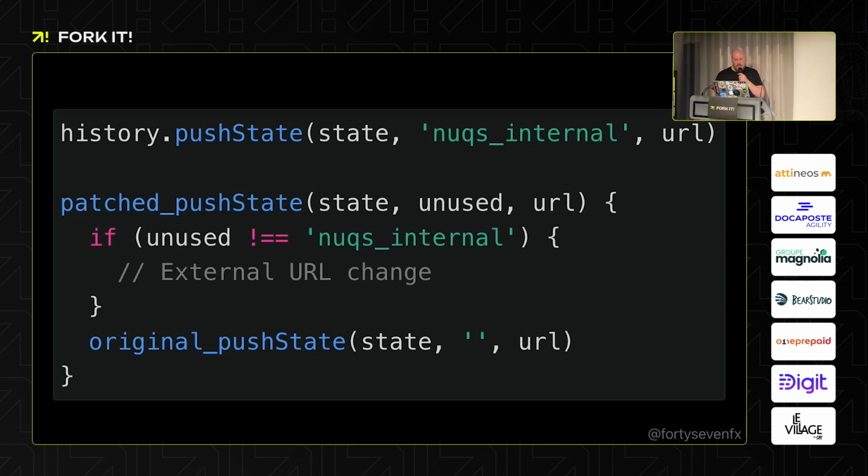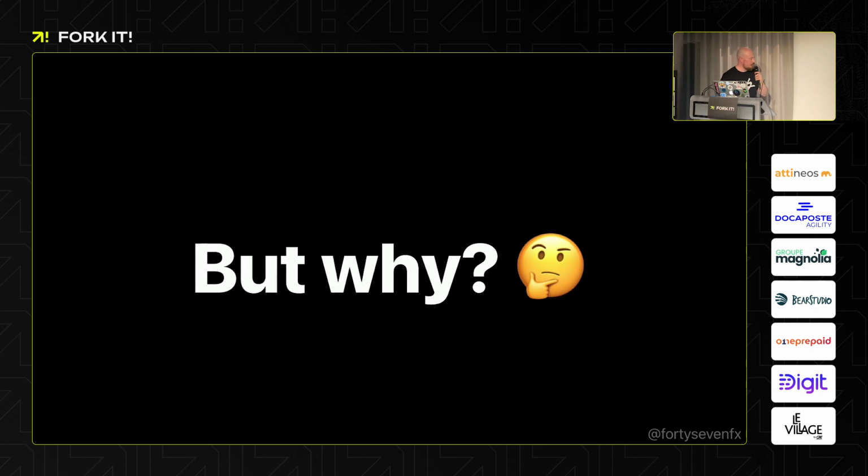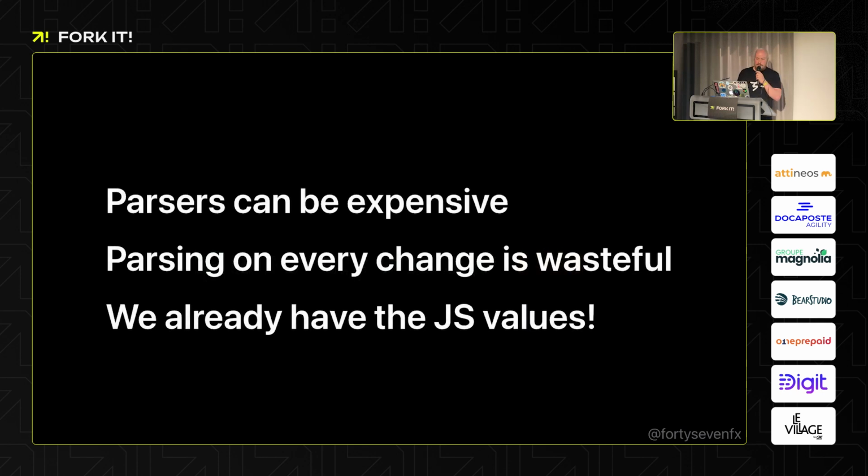But why do we have to handle it differently? Well, parsers can be expensive to call. The basic ones are kind of trivial, but because you can define your own, they could be expensive. I've had some cases of users building their entire app state into a custom parser. Parsing on every change can be wasteful because we already have the JavaScript values inside every hook.